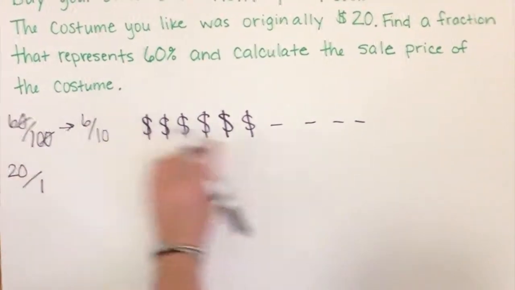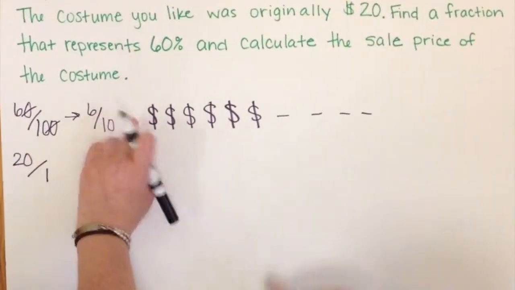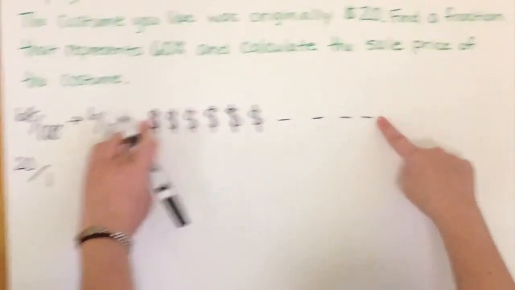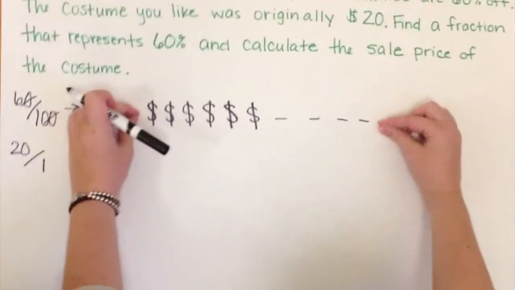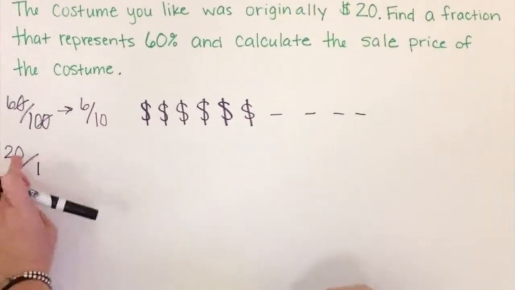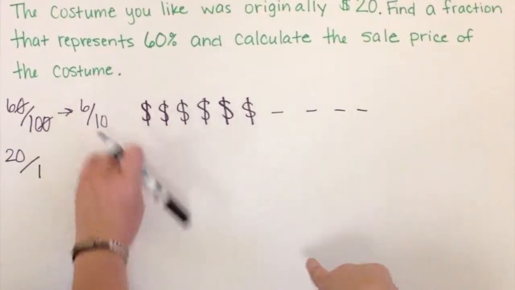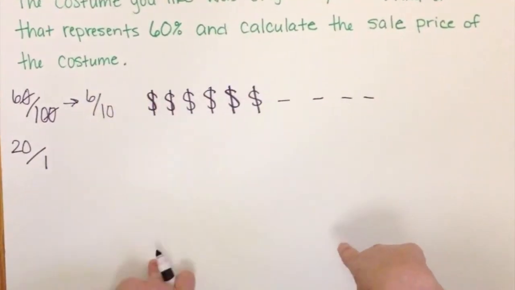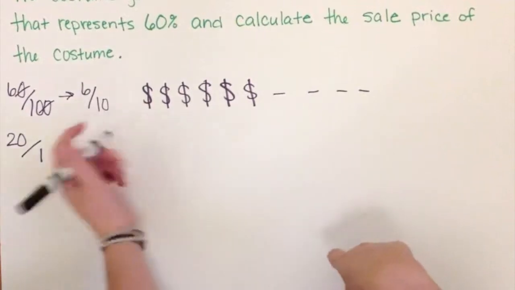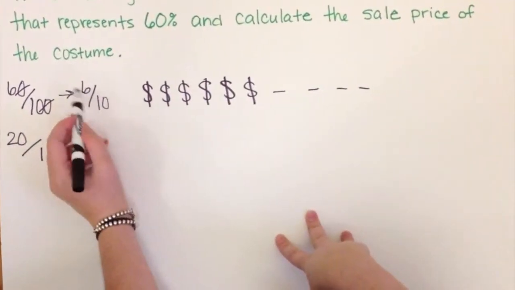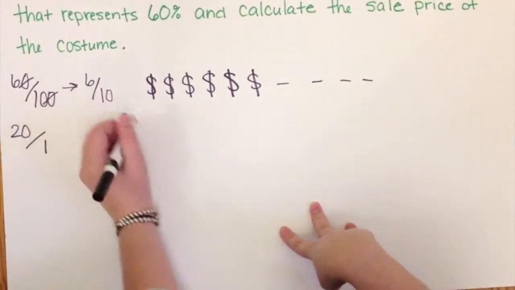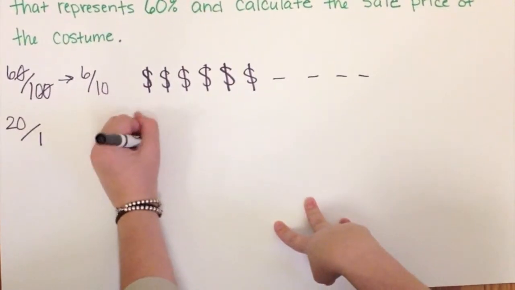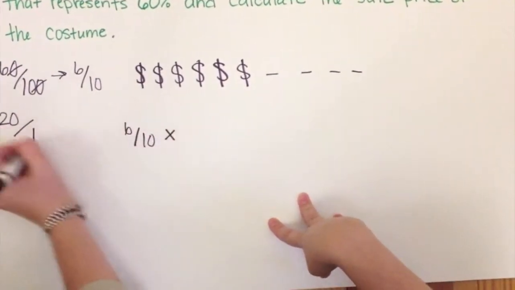To use the set model, you could either draw this line 20 times and then count up the dollar signs to find 60%, or you can use another method of multiplying fractions and say 6 out of 10 times 20 over 1.